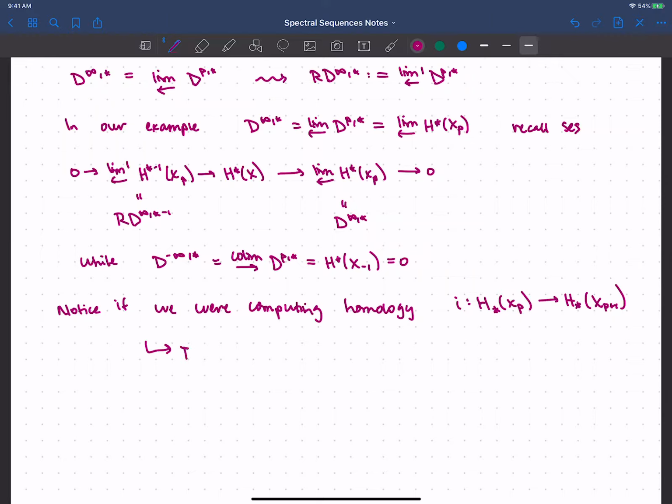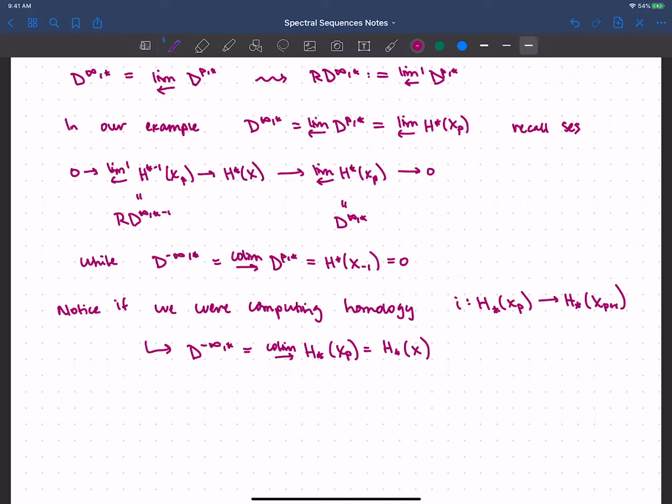Maybe let me write that down. So, okay, I'm going to try to be really careful about the infinity and minus infinity, but I can assure you that it's likely I'll make a mistake. So this is the colimit of the homology of all the filtered pieces, and colimits play well with homology, so this is the homology of x.